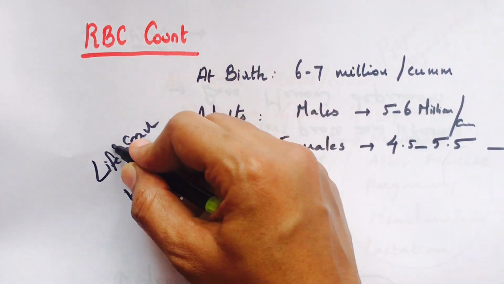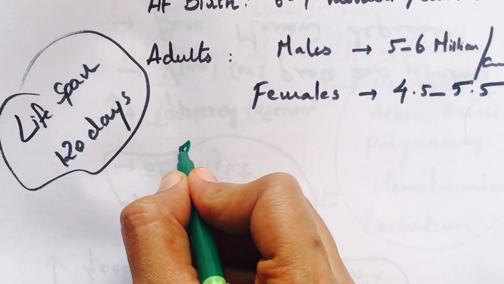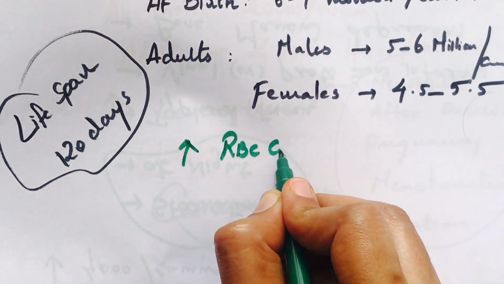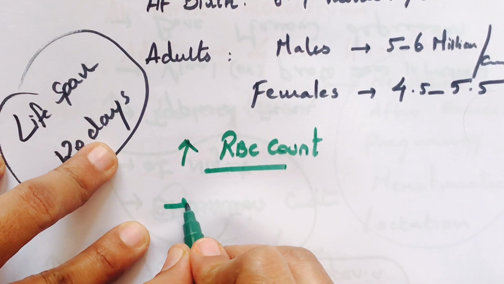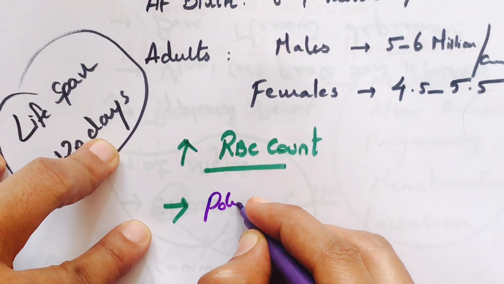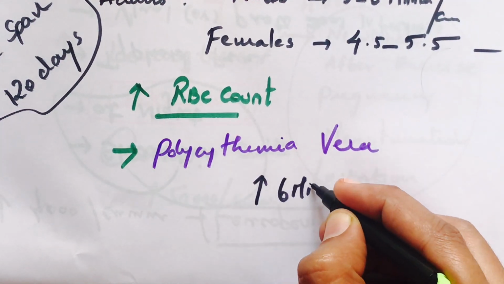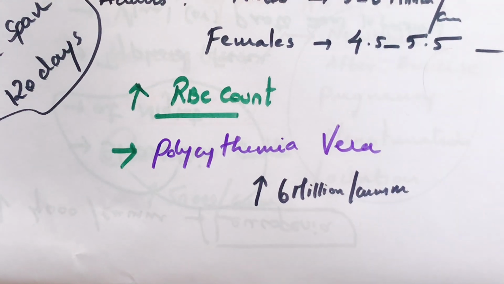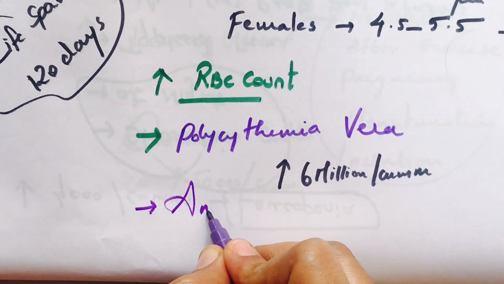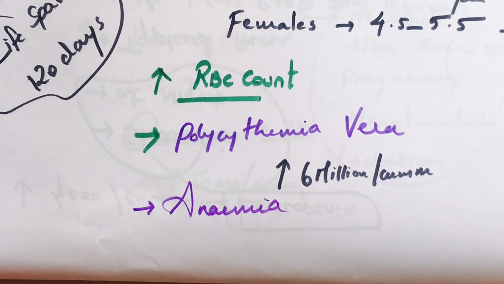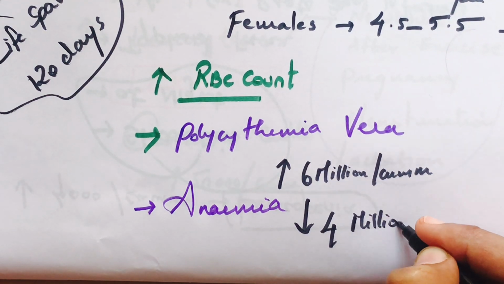And the normal lifespan of the red blood cell is 120 days. So what are the conditions where Rbc count is increased? It is increased mainly in a condition called polycythemia vera, where there is more than 6 million cells per cubic millimeter, and it is reduced in anemia.